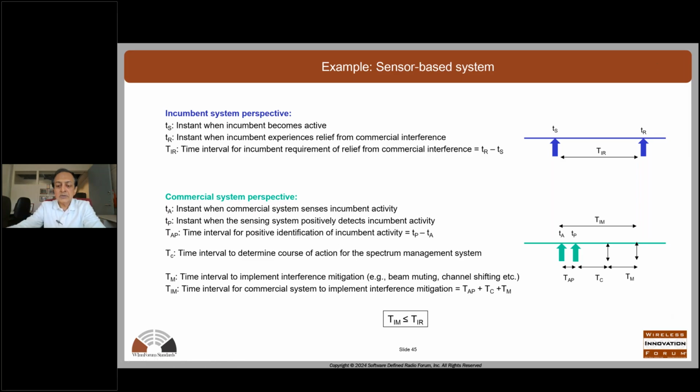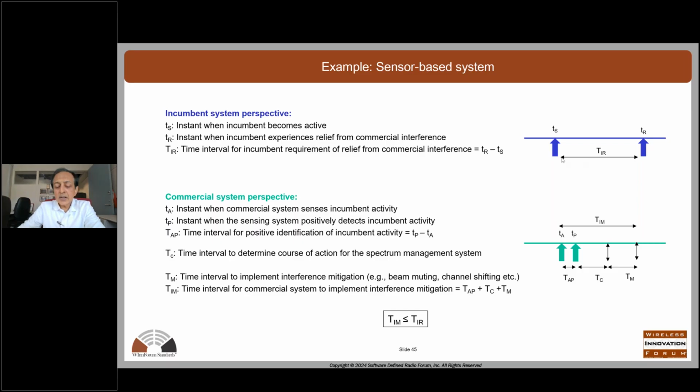Okay, so this is a quick view of the two different systems and what kind of requirement they put on the overall spectrum management system. I'm giving you the example in the context of a sensor-based system, and we'll have a similar example for a notification-based system. So if we think about the incumbent, the incumbent becomes active at an instant T sub S, and T sub R is the instant when the incumbent experiences the relief from the commercial interference.